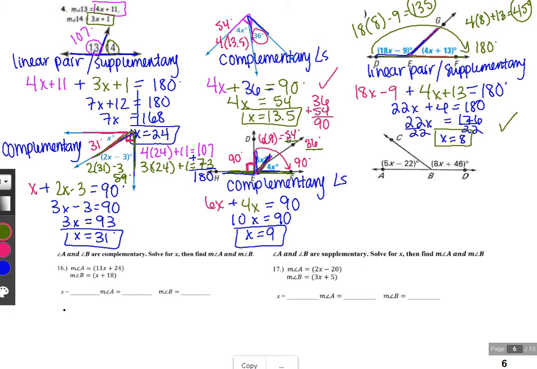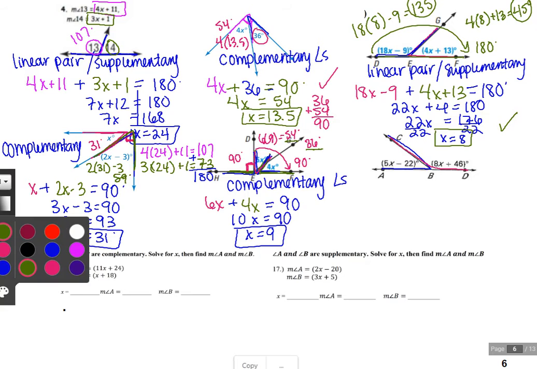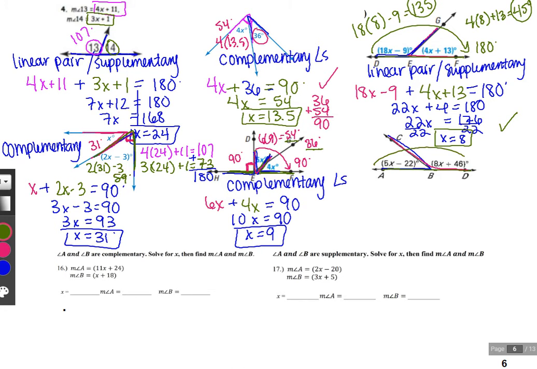Alright. So this next one, you should see 3 angles here. So I have angle ABC, I have angle CBD, and then I have a straight angle ABD. We know this straight angle equals 180 degrees, so we're looking at a linear pair and supplementary angles.